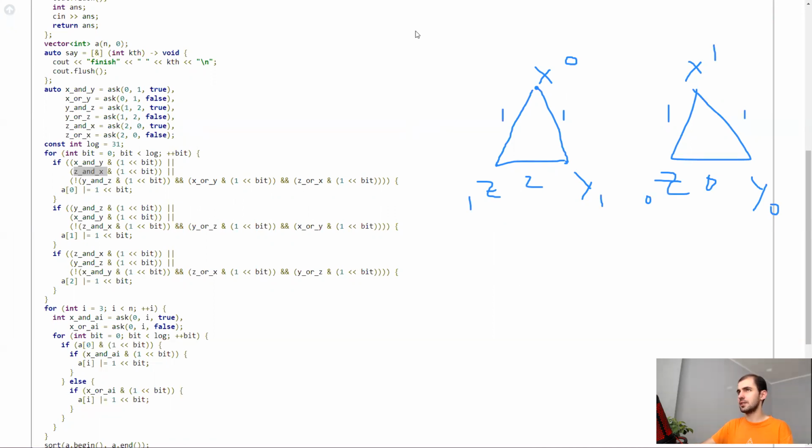So I just realized that we can query for the value of Y and Z in this bit and check if it's off, because if it's off, then the bit in X is on. And then I have two similar constructions here and here to restore the bits of Y and Z accordingly.